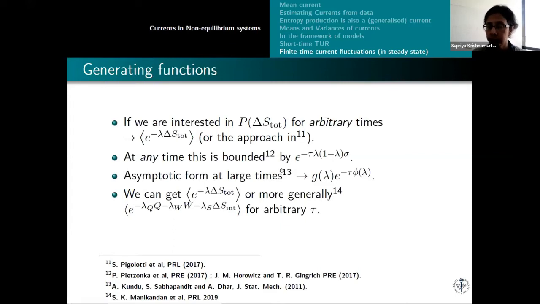One that we heard in Professor Kate's talk just before in the morning, but in the context of these kinds of models, this was a paper by Anirban Kundu, Sanjib Sabhapandit, and Abhishek Dhar, where for a class of models they are able to derive this kind of asymptotic form at large times. What is this class of models? Overdamped Langevin systems.